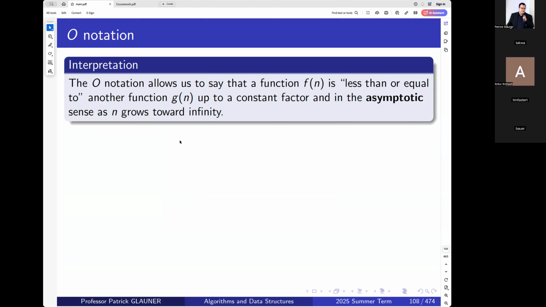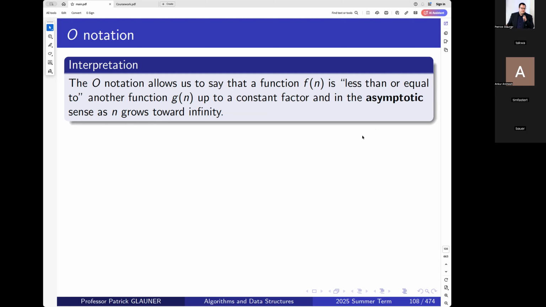The O notation allows us to say that a function f of n is less than or equal to another function g of n, up to a constant factor and in the asymptotic sense as n grows towards infinity. Asymptotic here means for ever larger n's. Maybe not for very, very small n's.